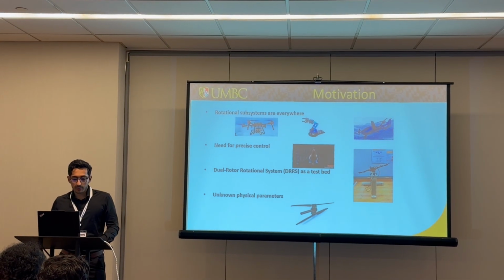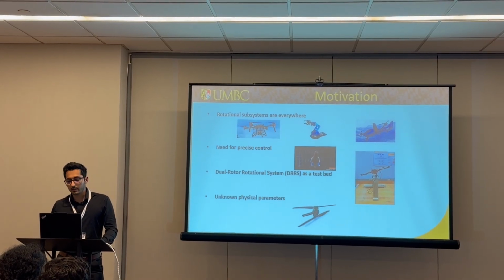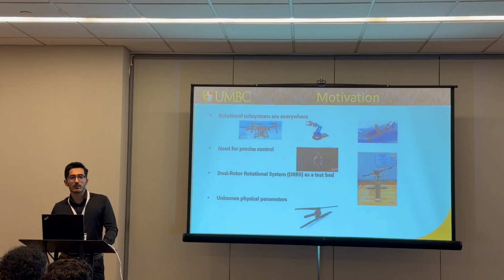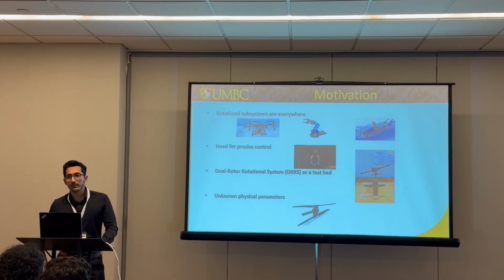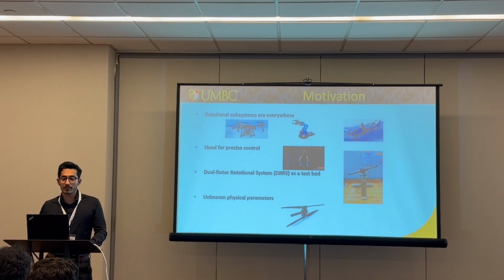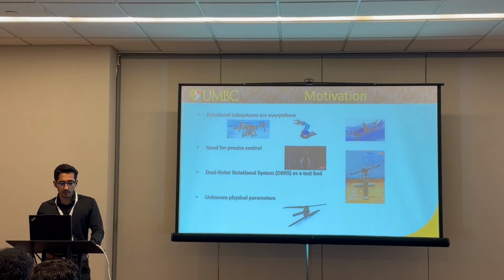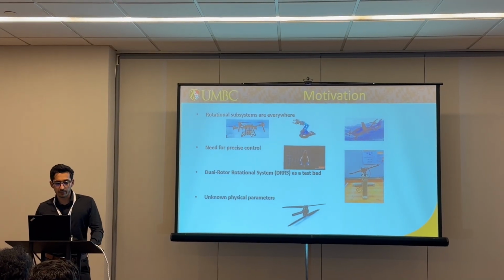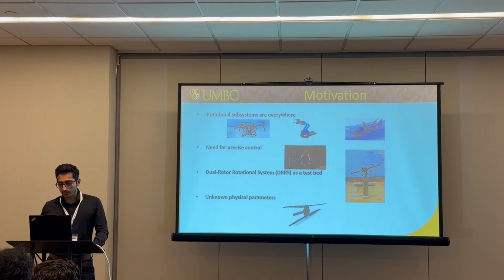We are considering that there are unknowns in the system. These rotational systems are mostly equipped with brushless DC motors, and the unknown physical parameters we can mention are the motor's constant, the moment of inertia, and the length of the arm. These are the kinds of unknown parameters that we mostly see in rotational systems.